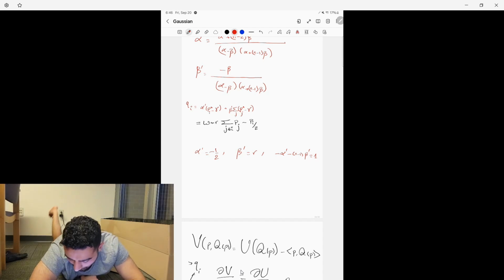Alright, alpha prime is minus 1/2, beta prime is R, and minus alpha prime minus n minus 1 beta prime, which is the coefficient for omega, should be 1.